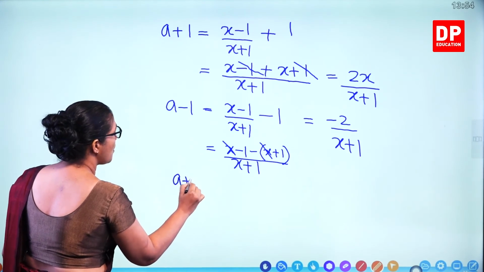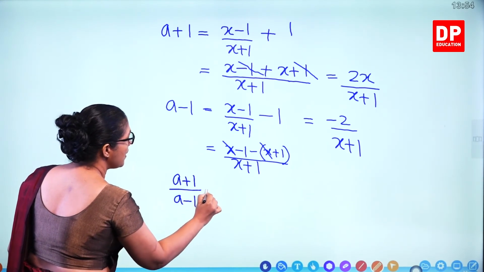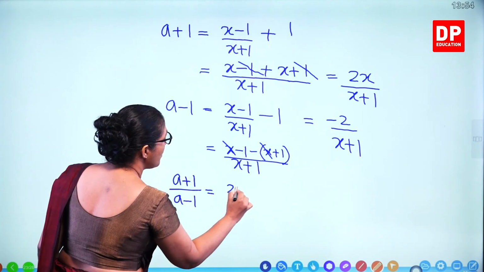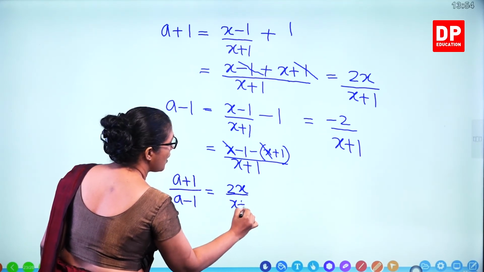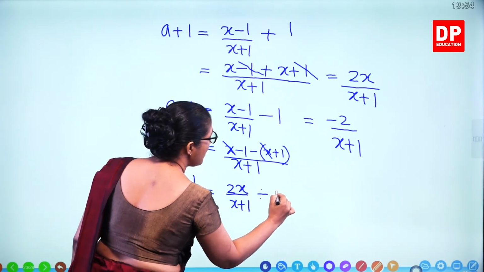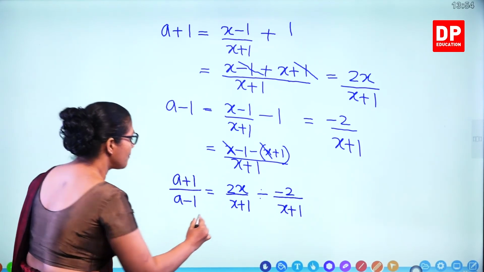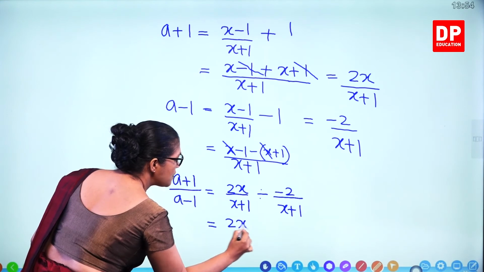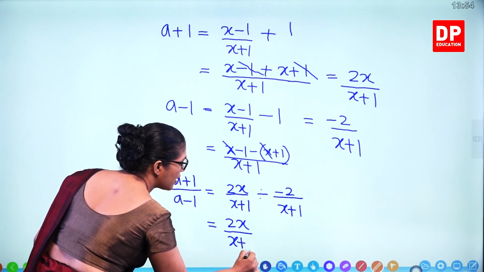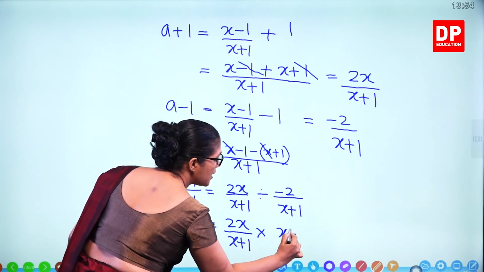So a plus 1 over a minus 1 becomes 2x over x plus 1, divided by minus 2 over x plus 1. Division becomes multiplication of the reciprocal, so you can put it upside down.